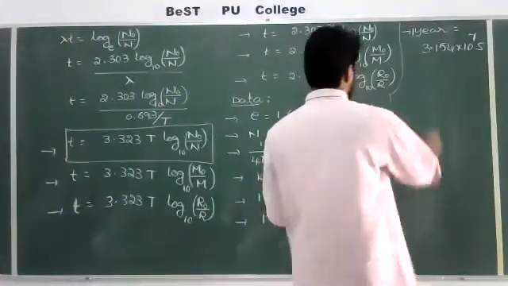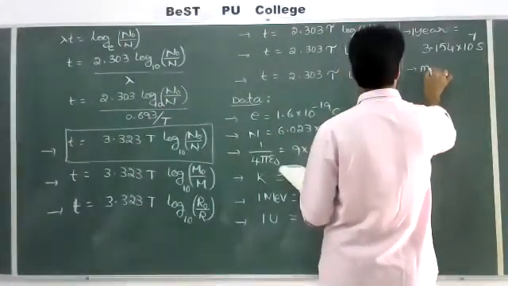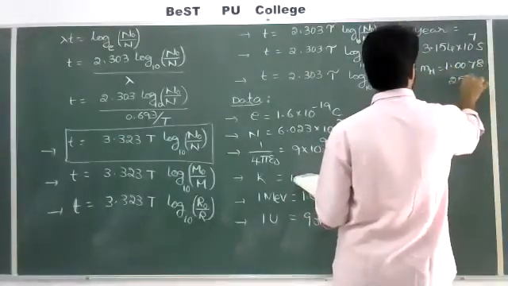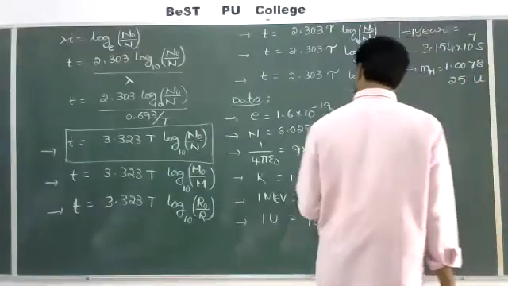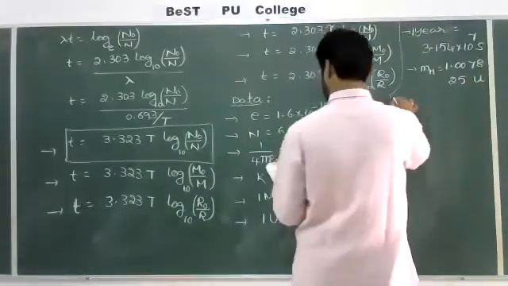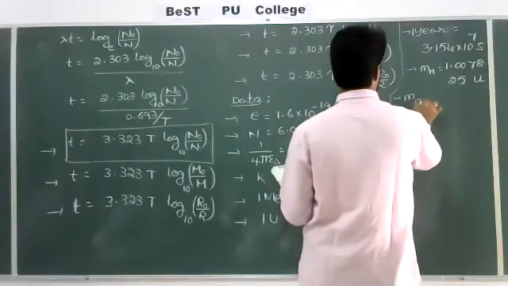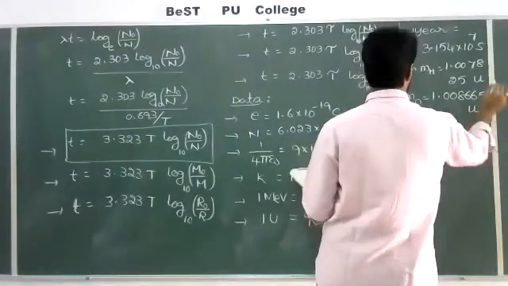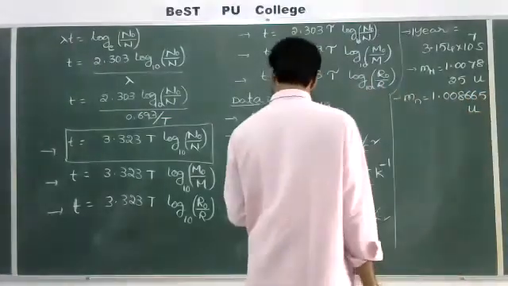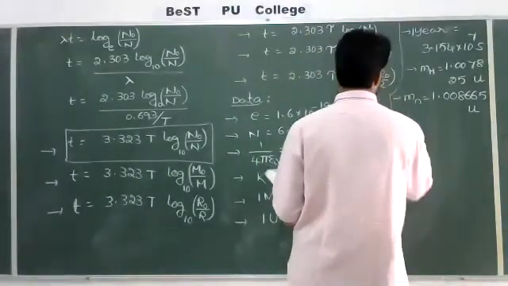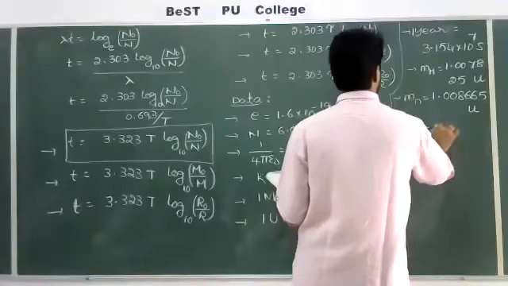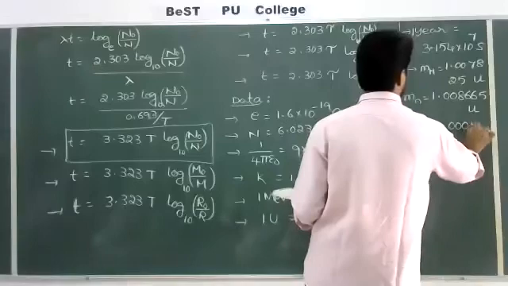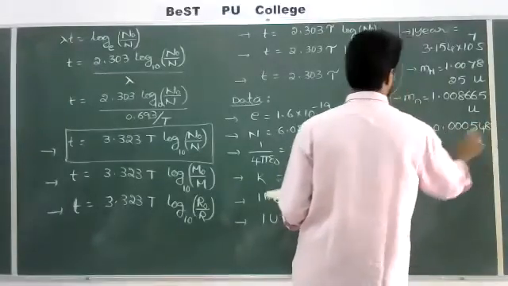And one more, mass of hydrogen, m_H is equal to 1.007825 amu. Mass of the neutron is 1.008665 amu or u. Next, mass of electron, m_e, is 0.0000548 amu.